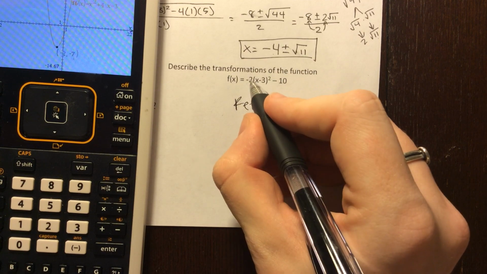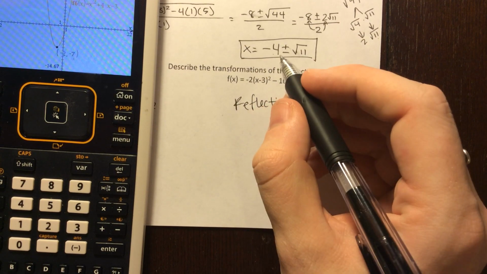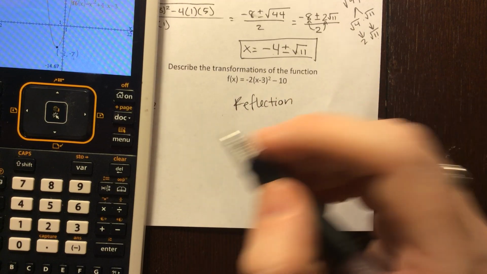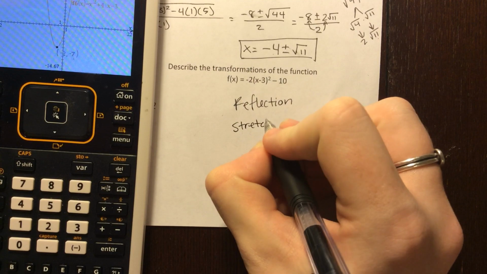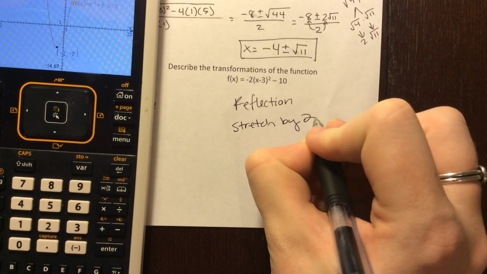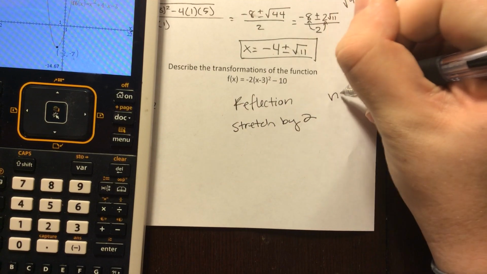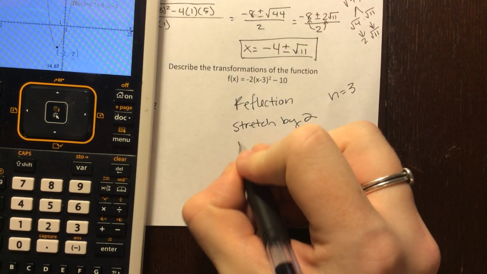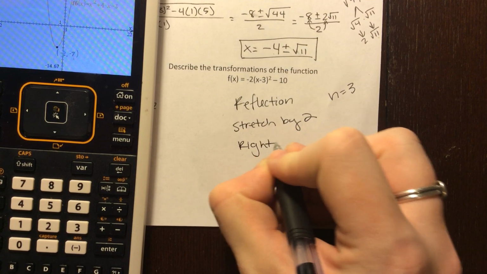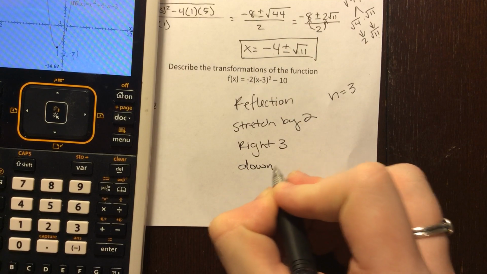The 2 tells us, since it's a number that's bigger than 1, not in between 0 and 1, that it's going to stretch by 2. The 3 inside means the h, you always have to flip the sign, so a positive 3. That means it's going to move to the right 3. And that 10 on the outside means it's going to move down 10.